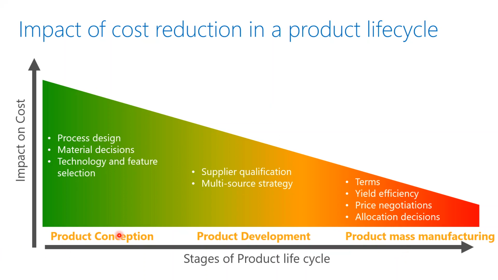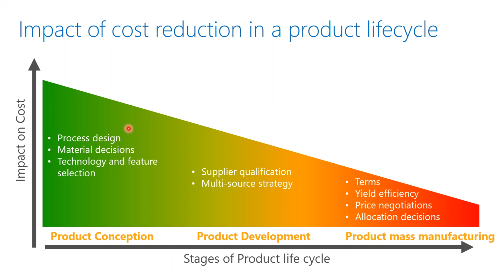So in the product conception, the impact of cost reduction is maximum, because in this stage you select the process, material decisions are taken, what kind of material you will use.